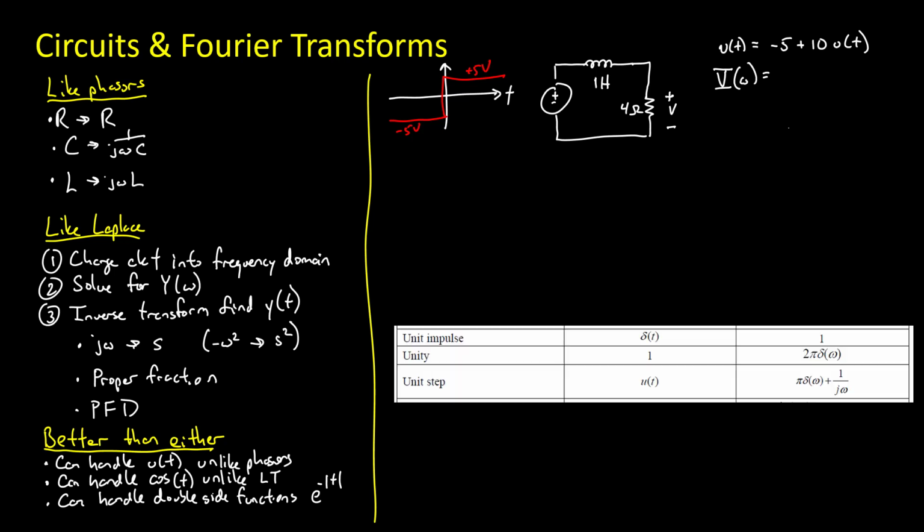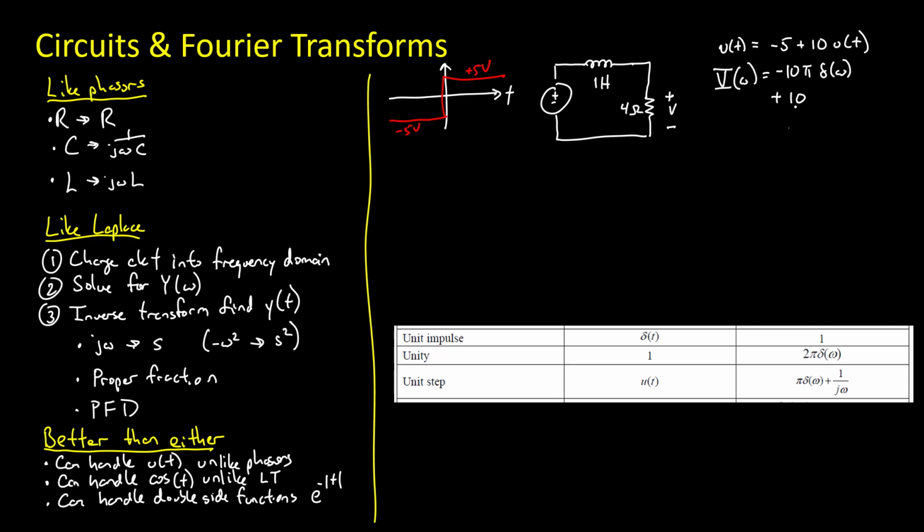Here's a snippet of the transform tables we used last class, and so we can read out that that minus 5, along with the linearity property, is a unity, which goes to minus 5 times 2 pi, or minus 10 pi delta of omega. And to that, we'll have to add our 10 u of t.